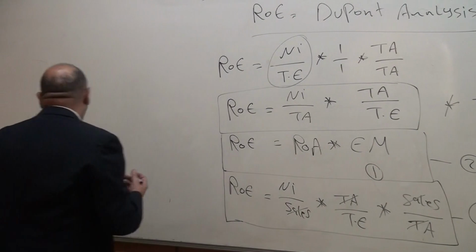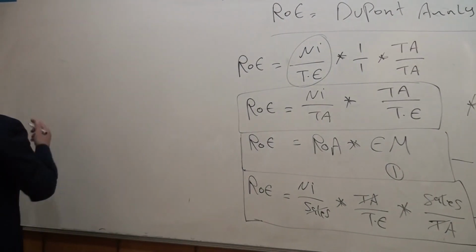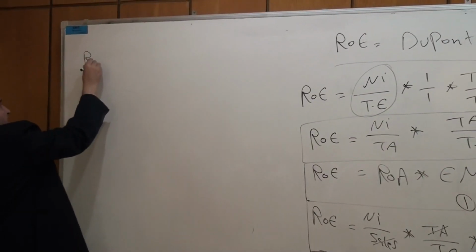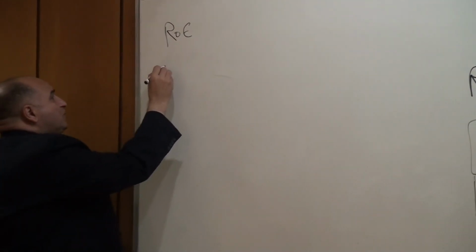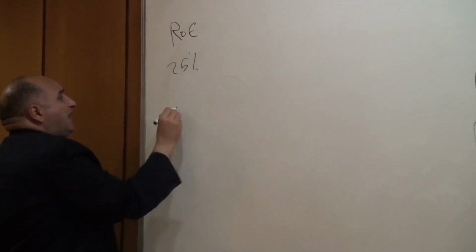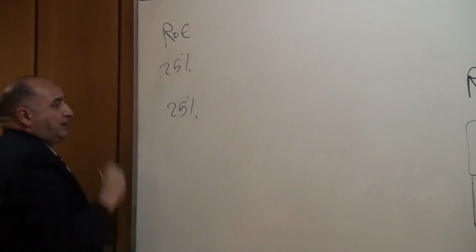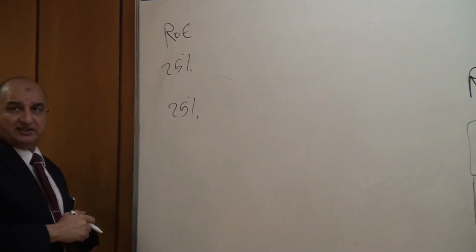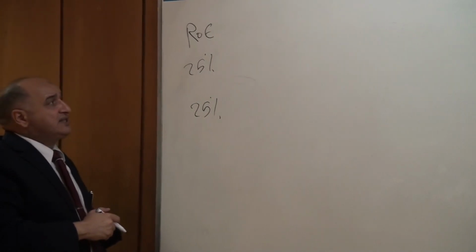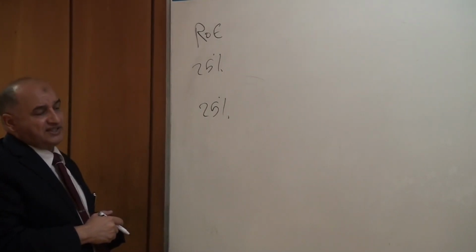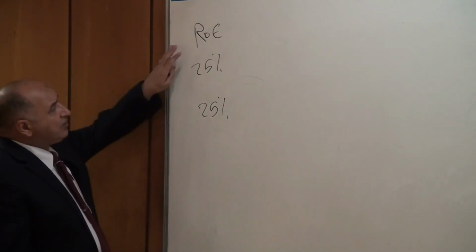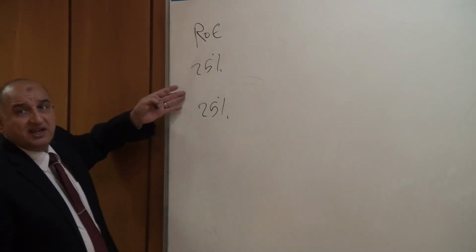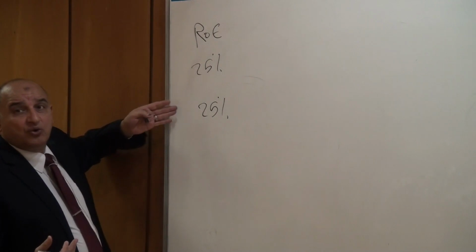Okay, to understand the idea, suppose we have two companies, and the two companies have ROE equal to 25%. In this case, if you don't understand what we mean by financial analysis, you can consider that the two companies have the same ROE.